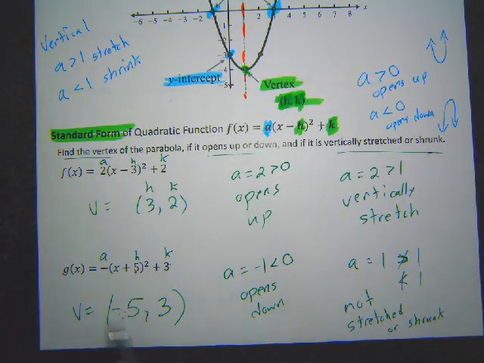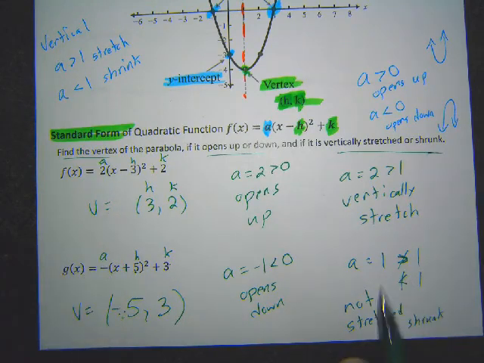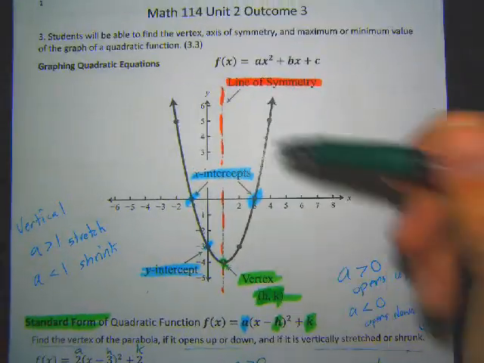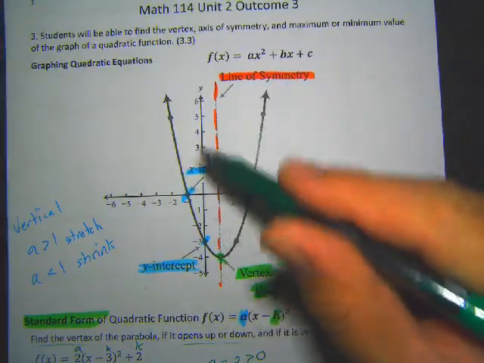Since a is exactly 1, we're ignoring the negative when we do the stretch or shrink. We're just looking at the number, not the sign. If it's exactly 1, then it's not multiplying to make it bigger or dividing to make it smaller. It's just staying the same. So it's going to look like this one does. It's just going to be the same curve. It's not going to be stretched or shrunk because a is 1.